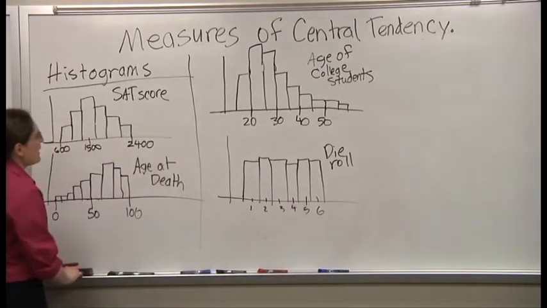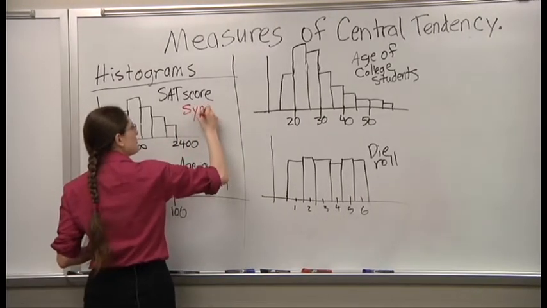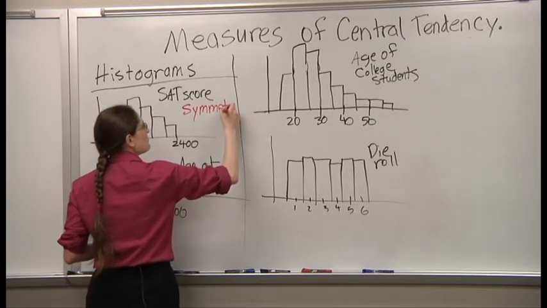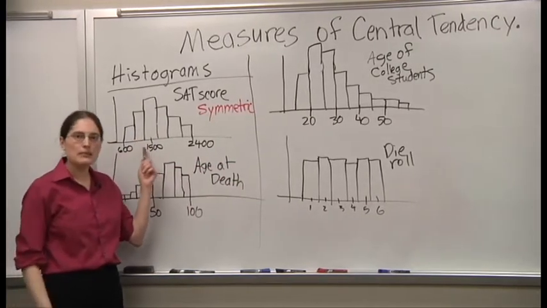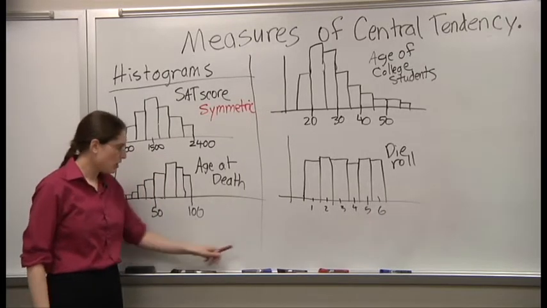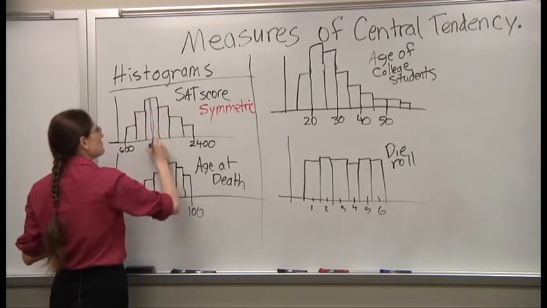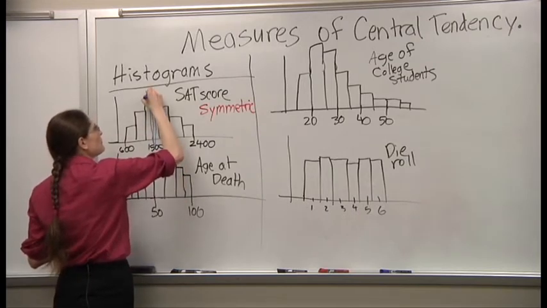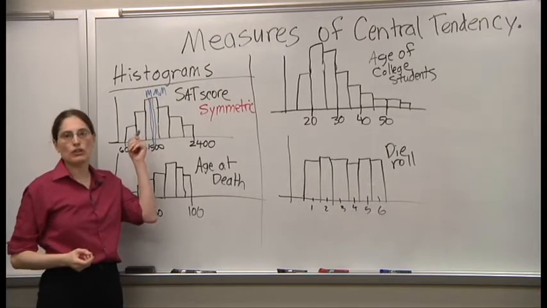This histogram is what we call symmetric. The mean, median, and mode are all the same. Mean, median, and mode are all right down the middle.